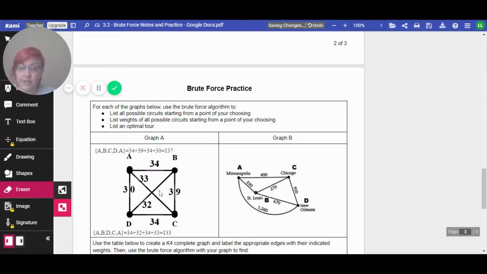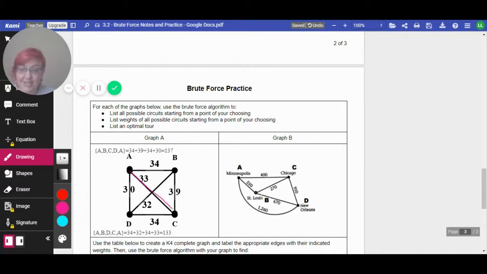Our final circuit is going to go from A to C, but it's not going to go to D because that's the mirror of this one.